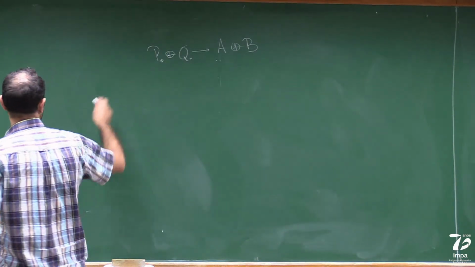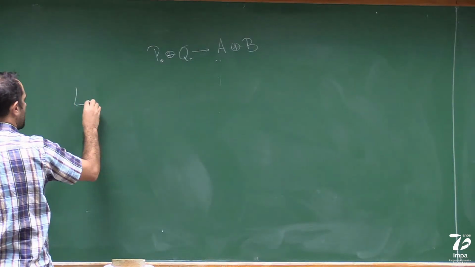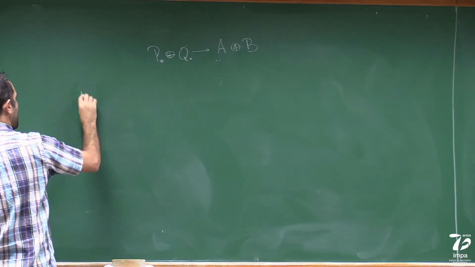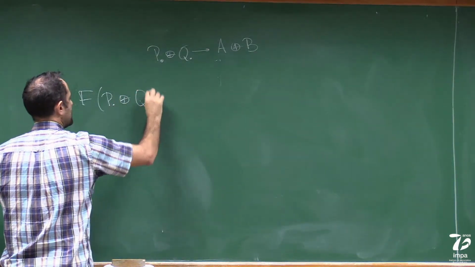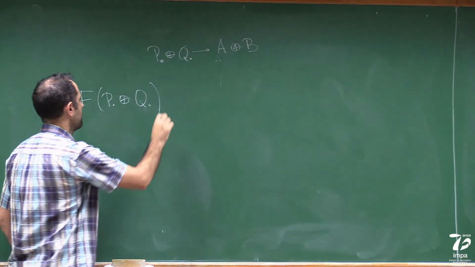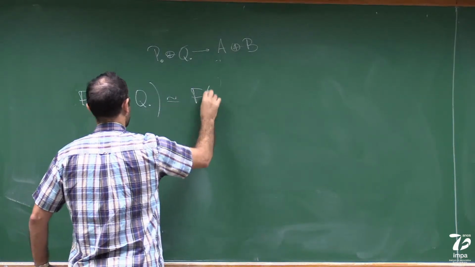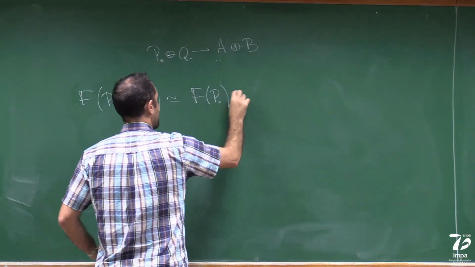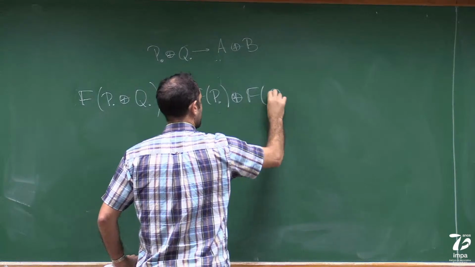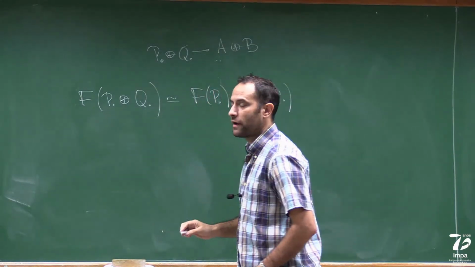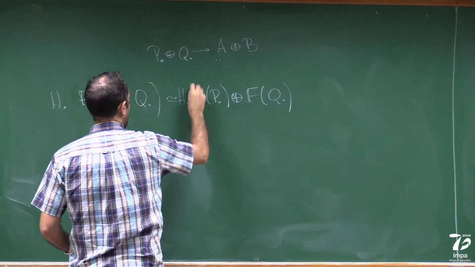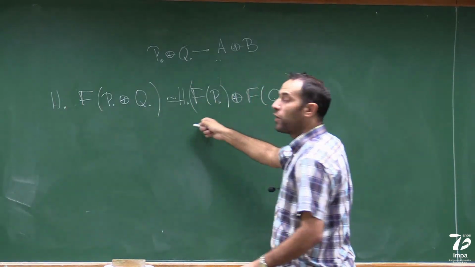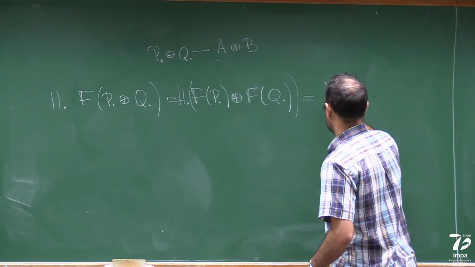So if I apply F to P plus Q, since F itself is an additive functor, this is the same thing as F of P plus F of Q. And therefore, if I take homologies here, it's the same thing as taking homologies here. And the homology commutes with direct sums.